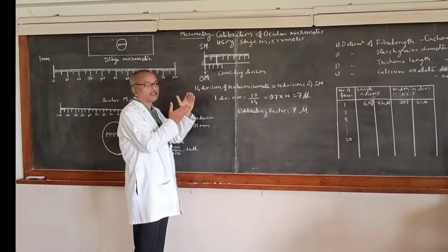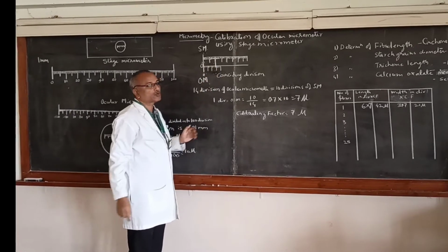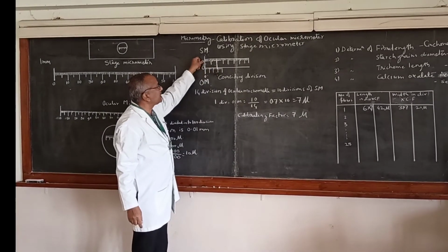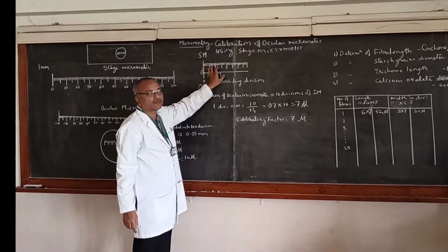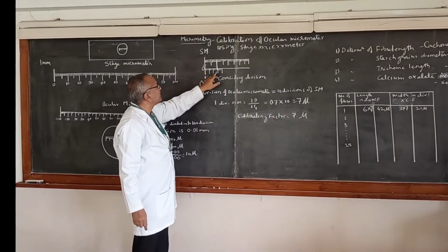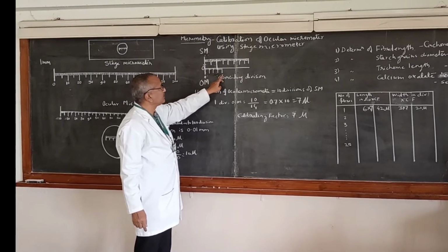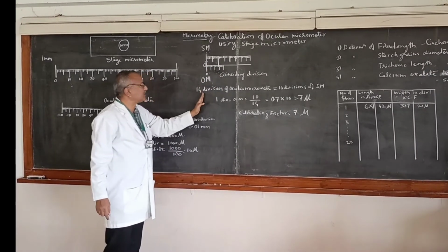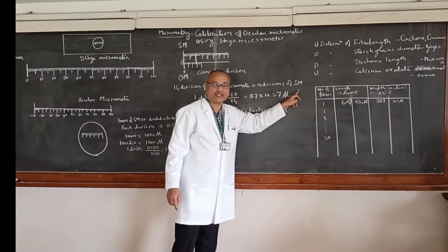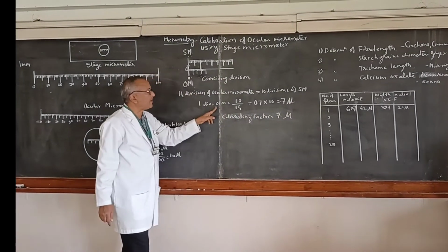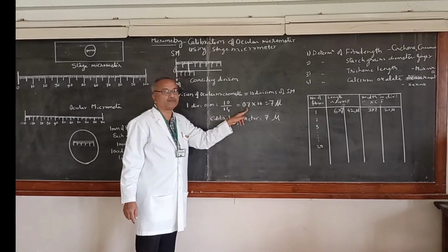Then you have to superimpose and take it nearer to the stage micrometer. They have to be taken closer to superimpose, and the nearest coinciding division is to be identified. So in this case we have identified the 10th division of the stage micrometer, which is measuring around the 14th division of the ocular micrometer. So for the calculation, 14 divisions of the ocular micrometer is equal to 10 divisions of the stage micrometer, and 1 division of the ocular micrometer is equal to 10 divided by 14, that equals 0.7.